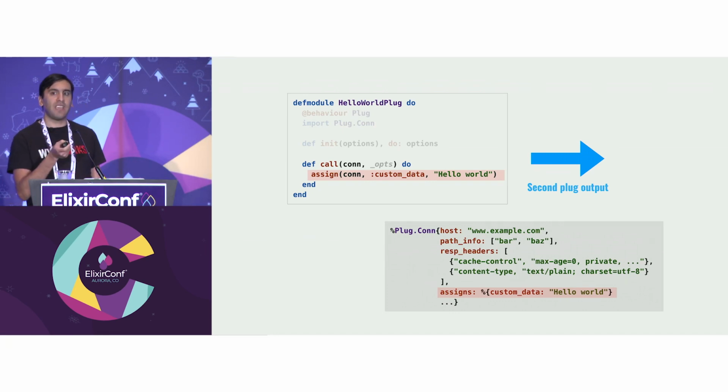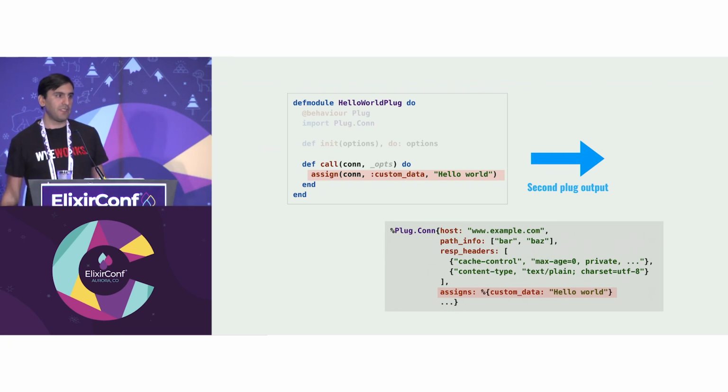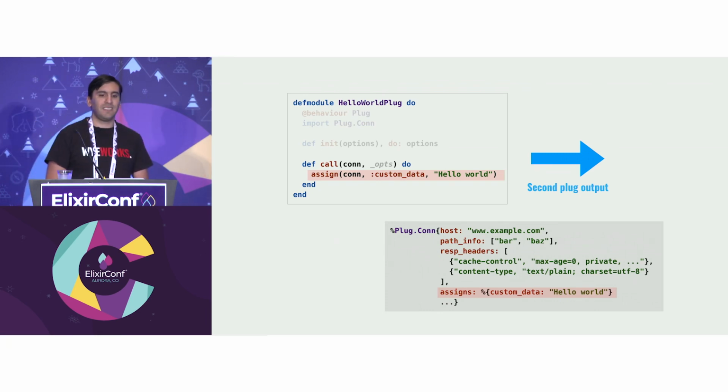Here we are making use of the assign function, which is a mechanism for putting custom information, something specific to your application, in the assigns field of this connection struct. And the idea is to make use of this information in a later plug in the processing. If you are already using the framework, you already know this concept because it's the way the framework passes information from the controllers to the views and template layer. It's just making use of these mechanisms.